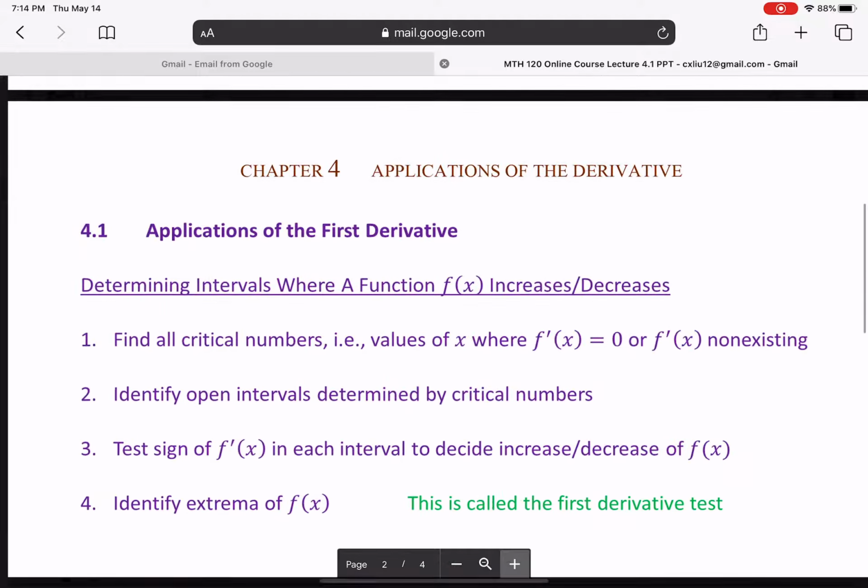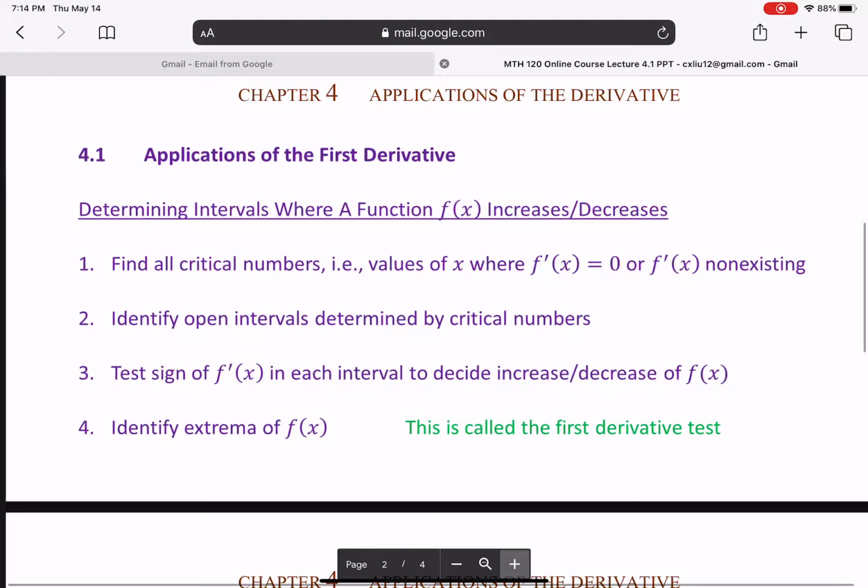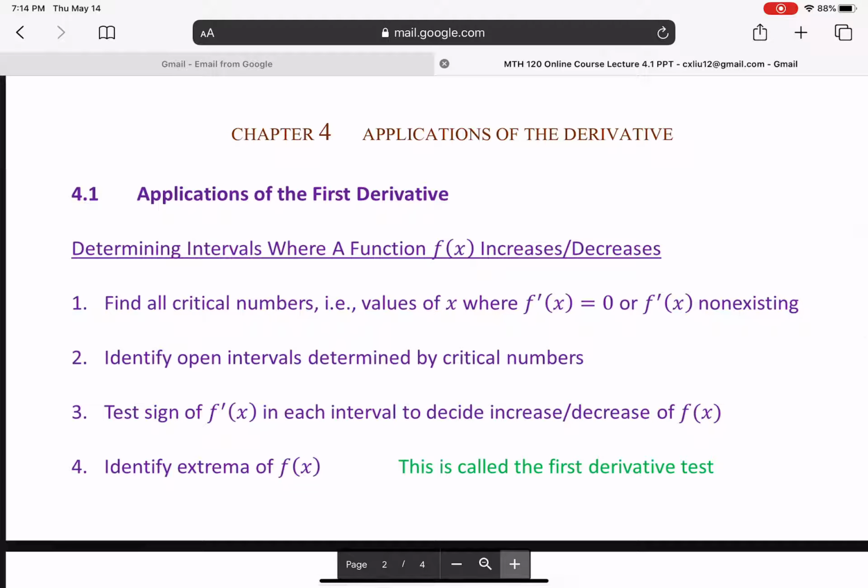And we follow 4 steps. Step 1, find all critical numbers. The definition of a critical number is where the function has a 0 derivative, or the derivative of the function does not exist. Step 2, we use the critical numbers to identify open intervals of the domain of the function.